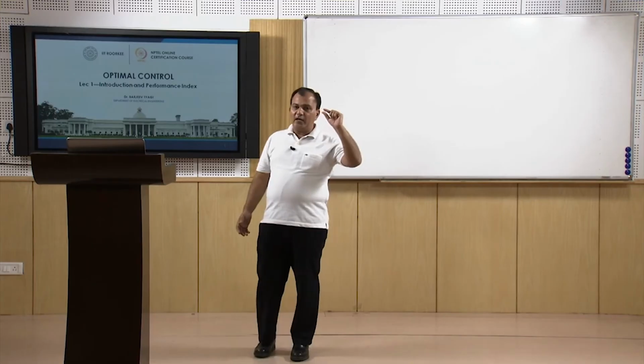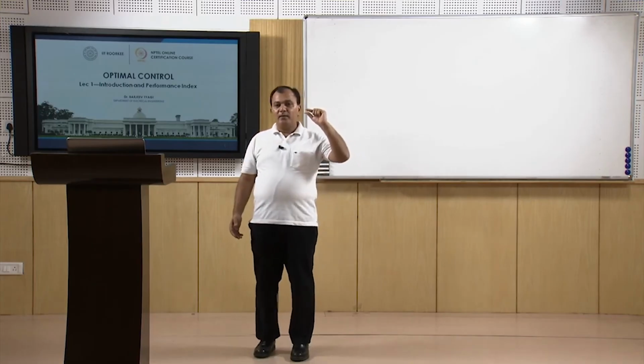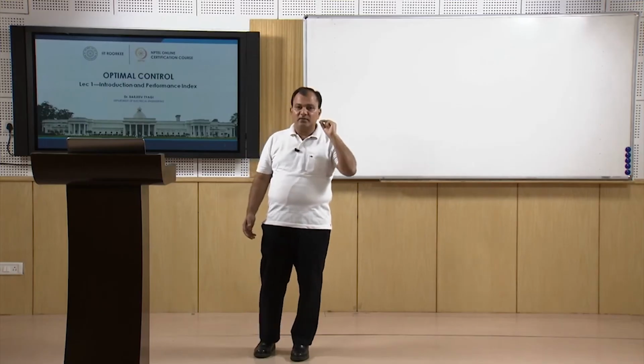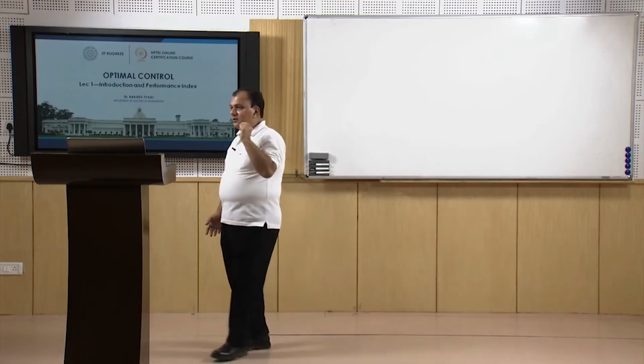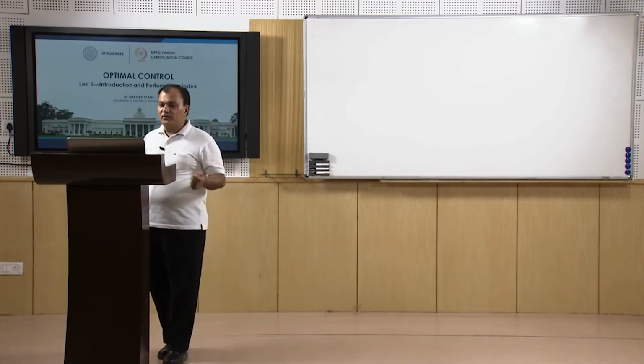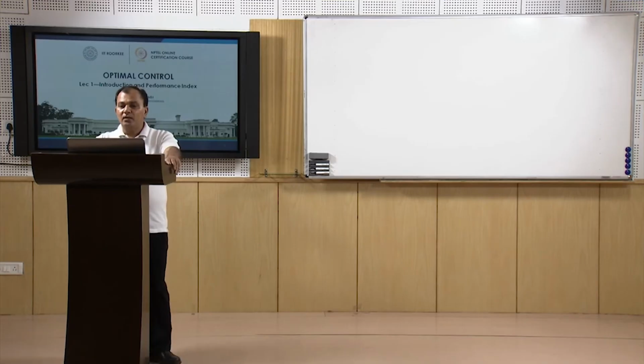We select the control in such a way that my error should be minimized, and how we will get this optimally, we will study in this course. So, that is optimal control. How to solve this problem, we will study in this course.